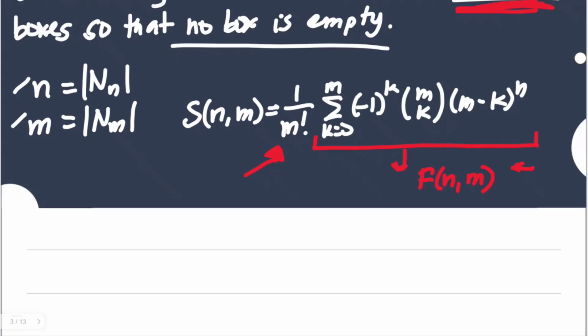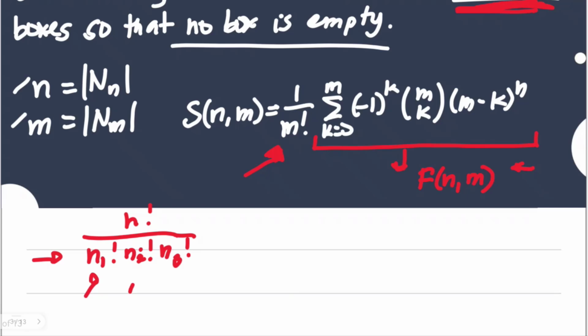But this time, the reason for that factor is that distributing the objects into identical boxes follows the idea of permutation of a multiset. Take note that in the formula for permutation of a multiset, our denominator talks about the number of times a certain object was repeated, so we take the factorial of that.